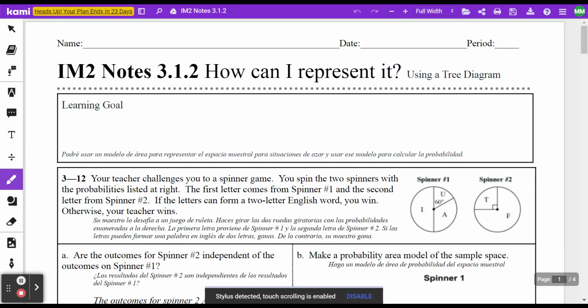How can I represent it using a tree diagram? We have two learning goals.